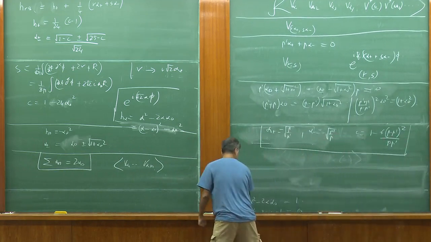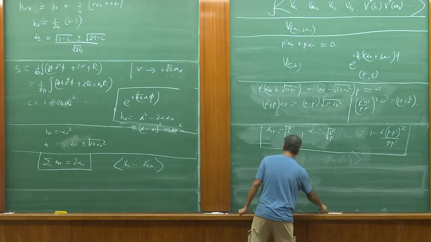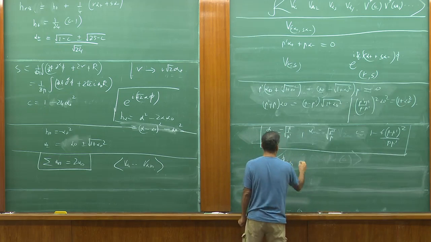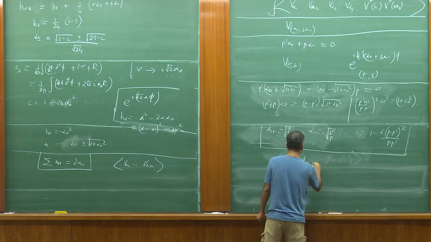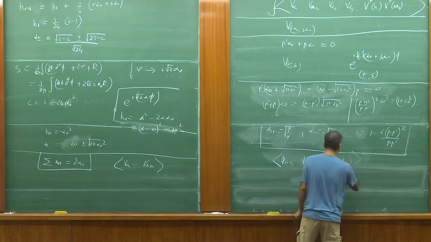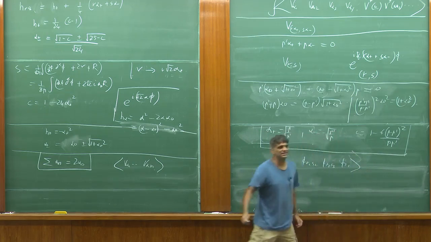Let us suppose we are interested in a correlation function which is phi r1 s1, phi r2 s2, phi r3 s3, and phi 2 1 in some minimal model.